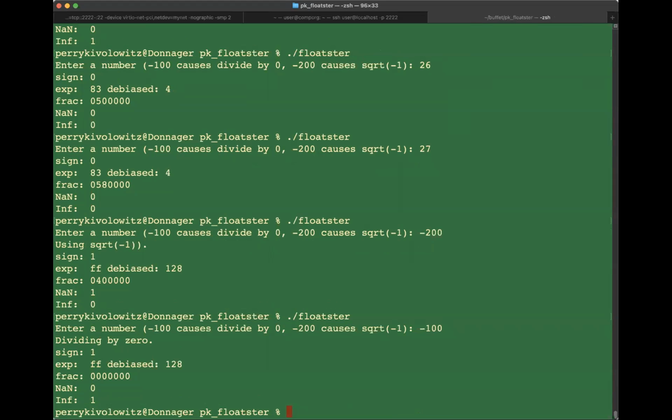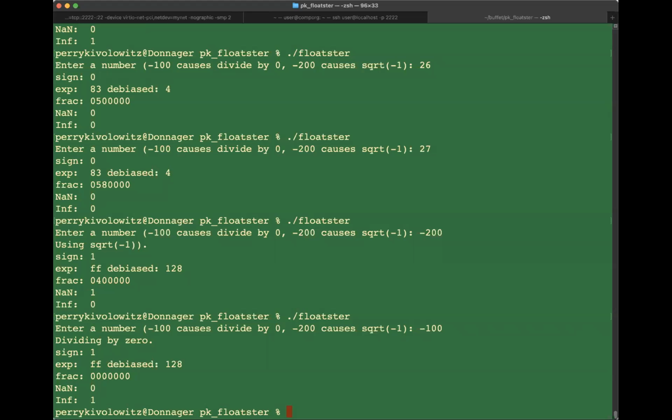They both have exponent of FF. That says something bad. So a regular number will never have an exponent of FF. That's reserved. The difference between infinity and not a number is infinity has FF, all the bits turned on in the exponent, and has a fractional part of 0.